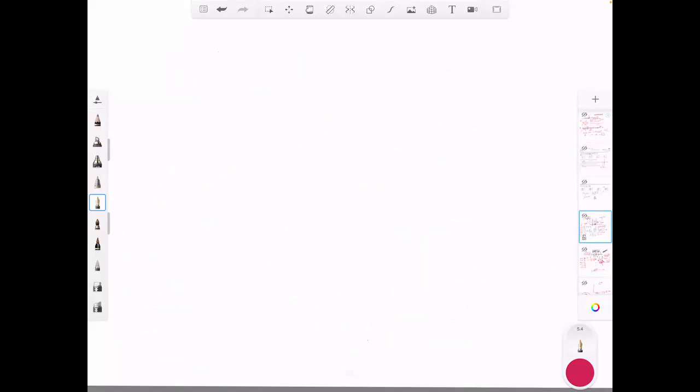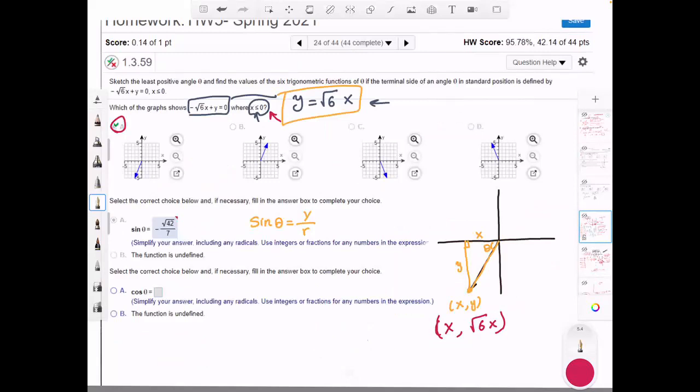But now it's a little challenging because we don't know the values, but we know the relation. Any point x you pick, the value of y will be root 6 times x. You can take pictures.